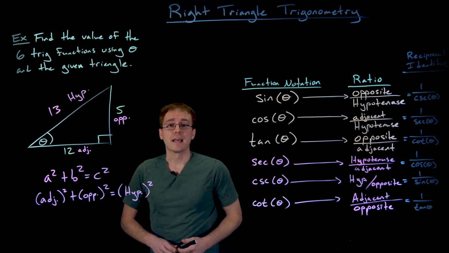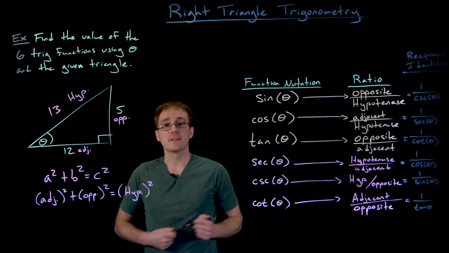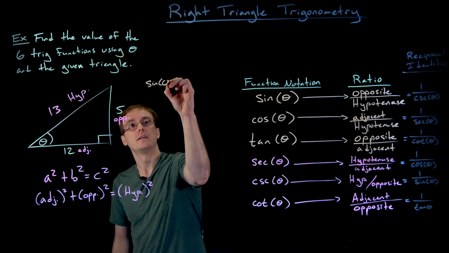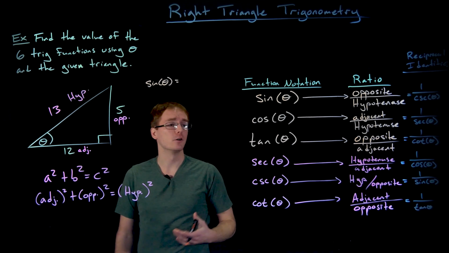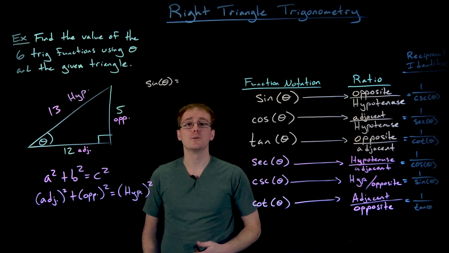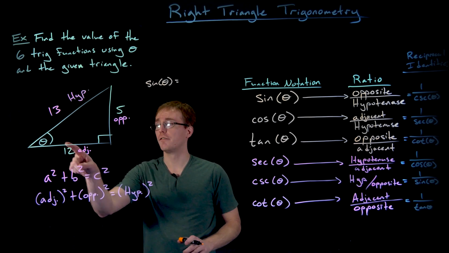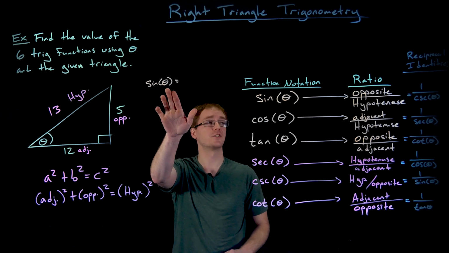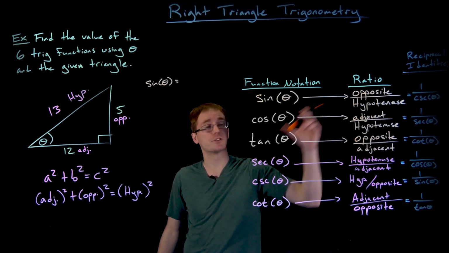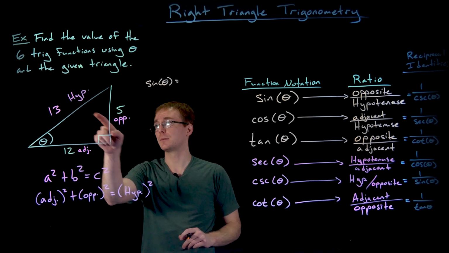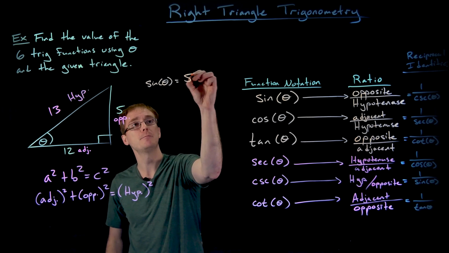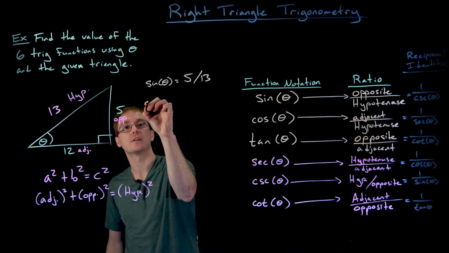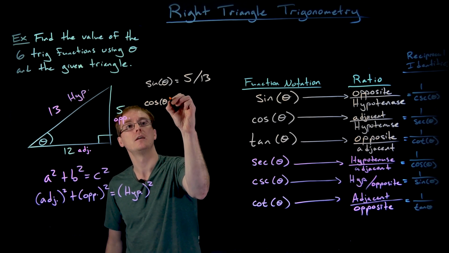All right, now we have everything labeled correctly on our triangle, so we should pretty quickly be able to evaluate sine, cosine, tangent, secant, cosecant, and cotangent of our angle theta for this particular right triangle. So what is sine? Sine is opposite over hypotenuse, so it's going to be 5/13. Easy, done. What about cosine?